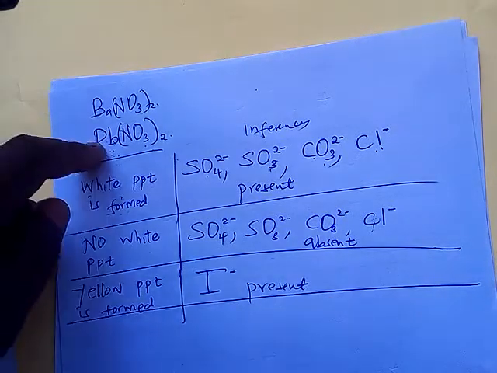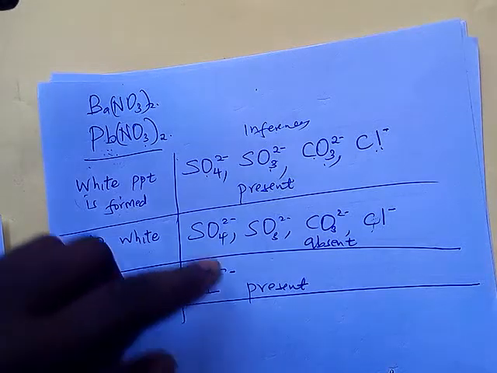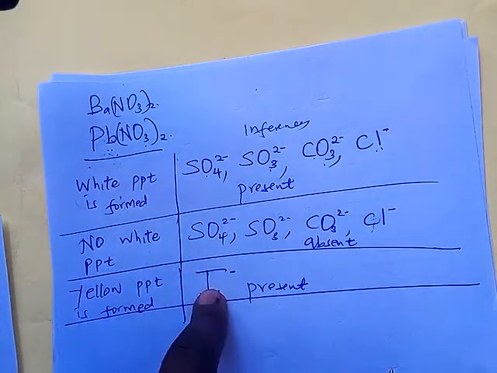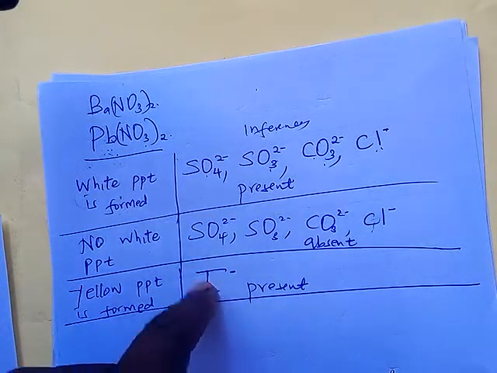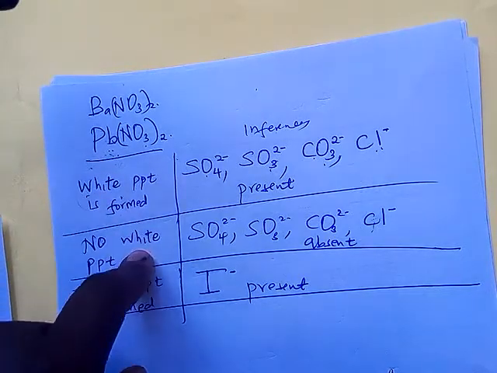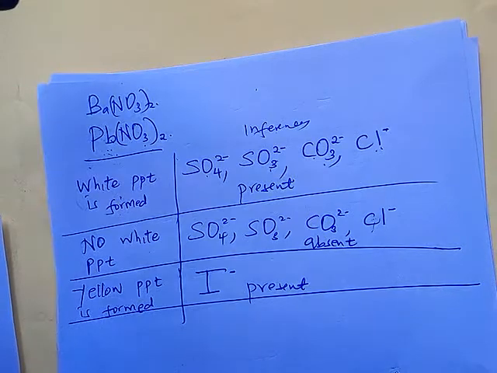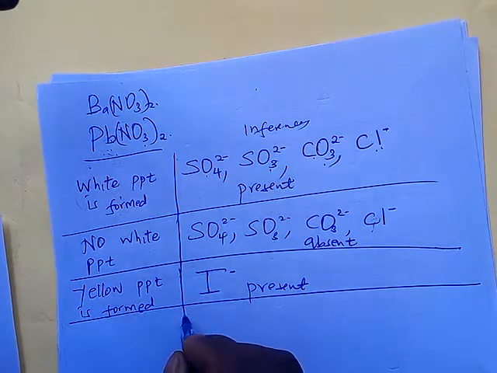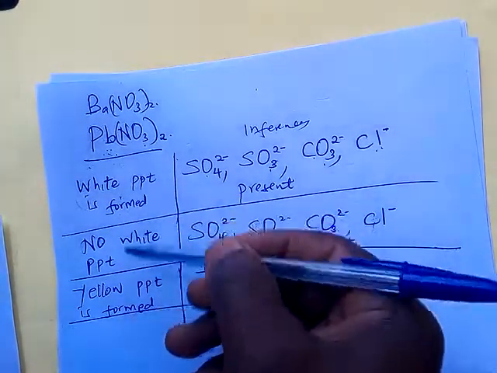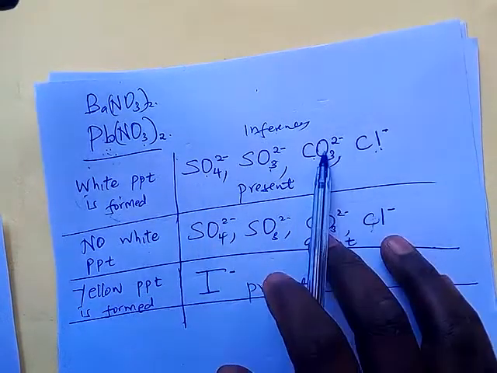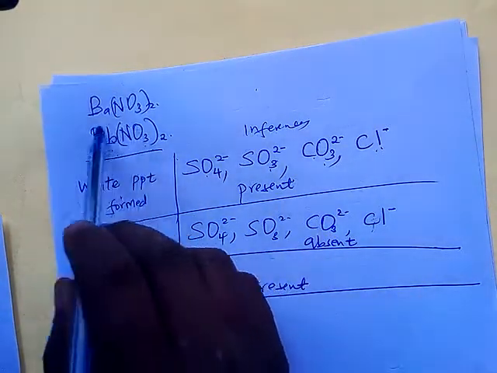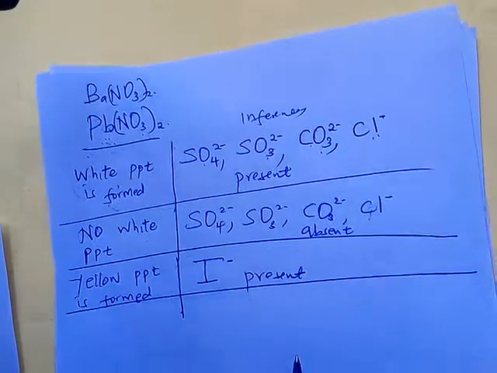So lead will enter into that solution, and if it finds iodide there, it will react to form lead iodide, which is a yellow precipitate. So these are the expectations. These are what we expect when we are using the reagent lead nitrate.